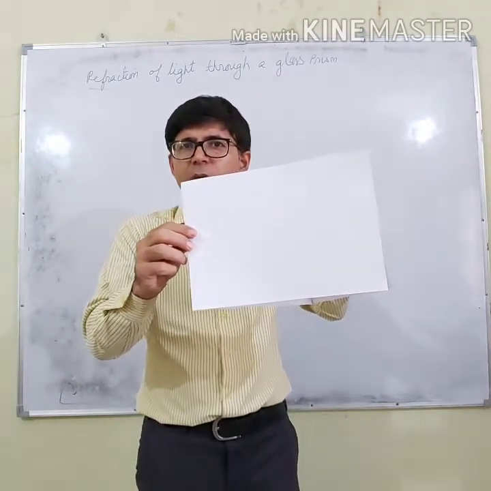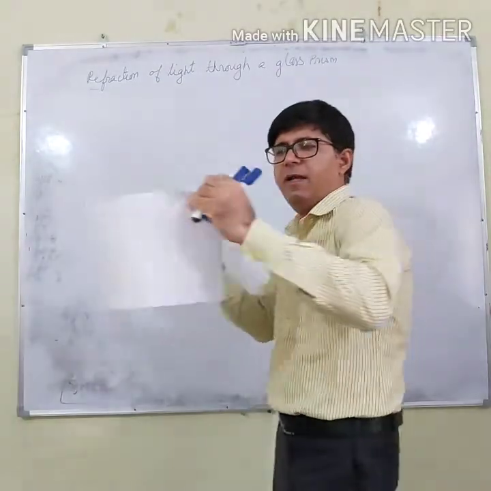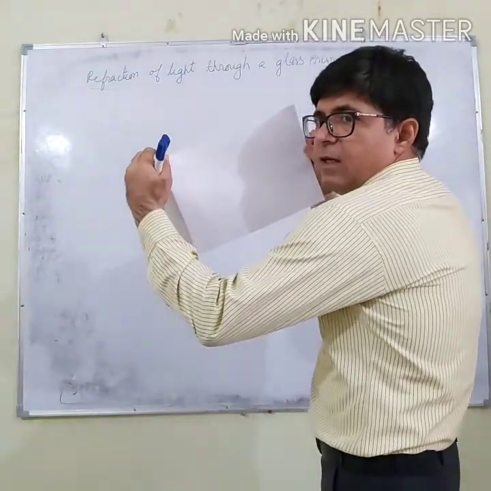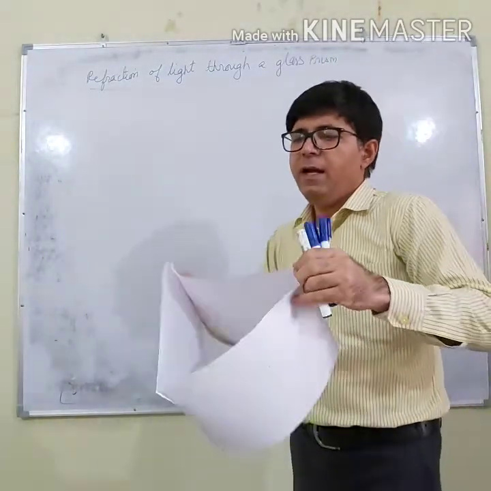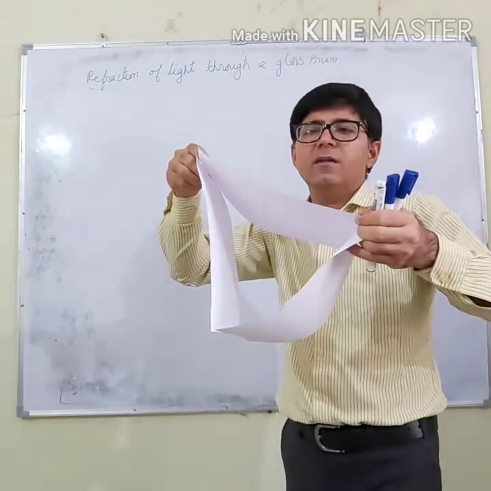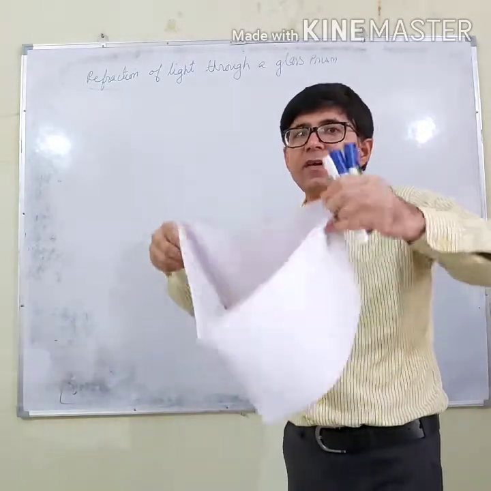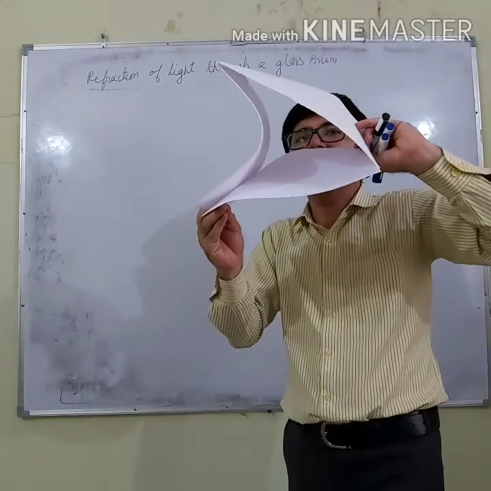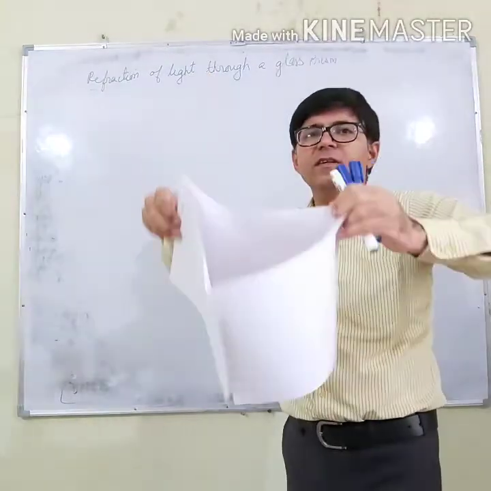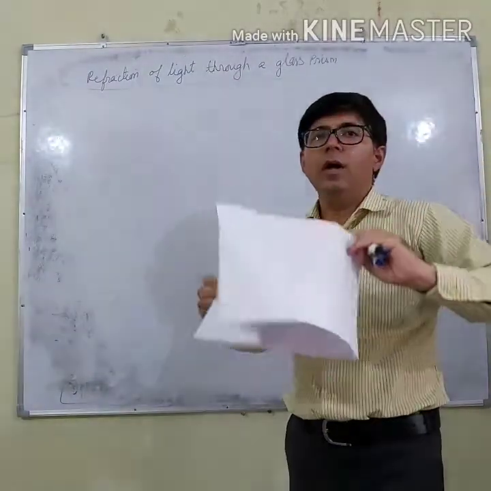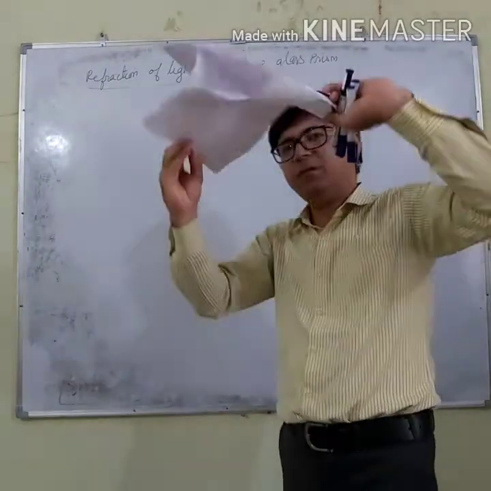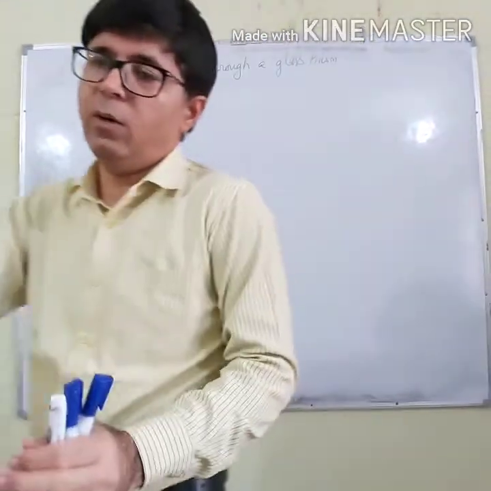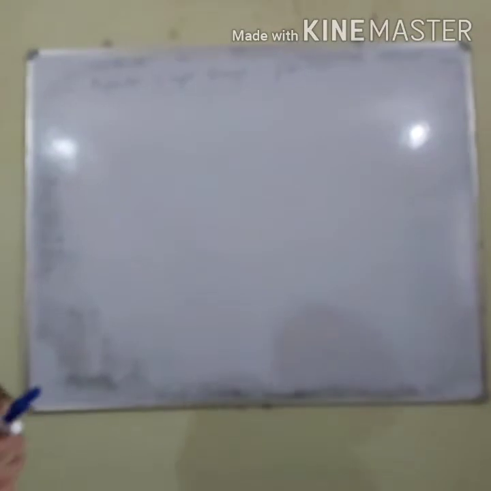This is the first rectangular surface. This is the second, and this one is the third rectangular surface. And this is a triangular surface, and this is the triangular surface. So how many triangular surfaces does a glass prism have? 2. And how many rectangular? The glass prism has 3 rectangular surfaces.